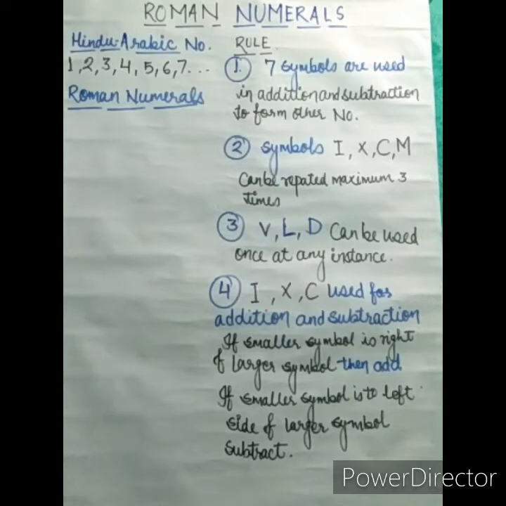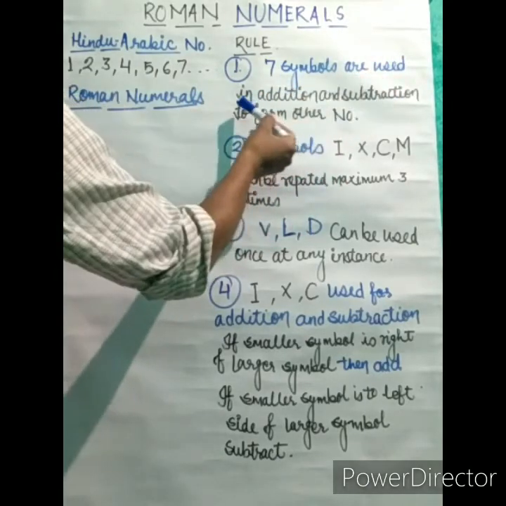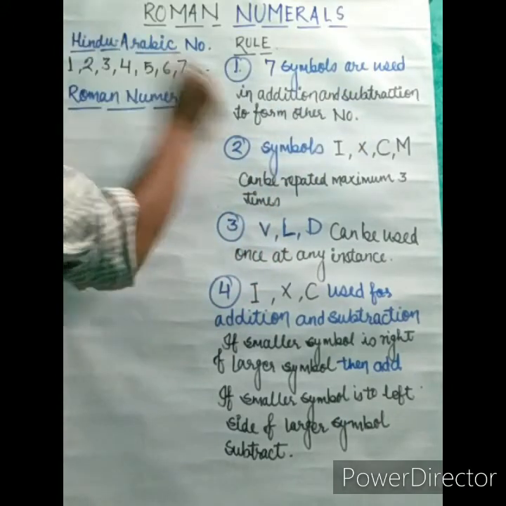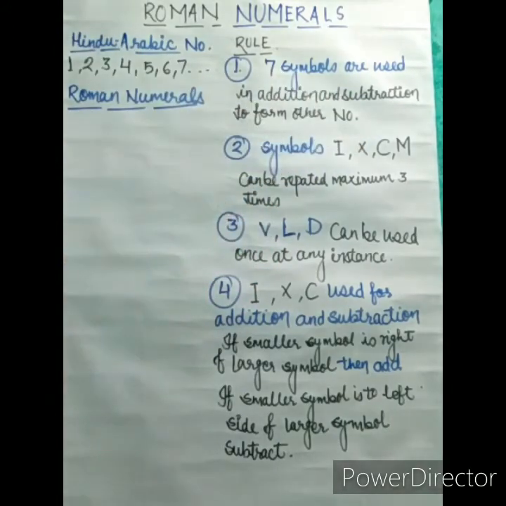The Roman numerals are made up of 7 symbols, and with the help of these we can write the whole counting. So the first rule is that the 7 symbols are used in addition and subtraction to form other numbers. We will first see what these symbols are.